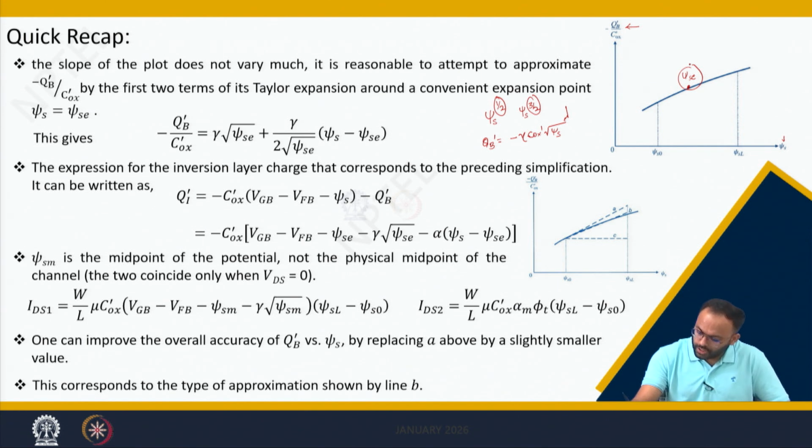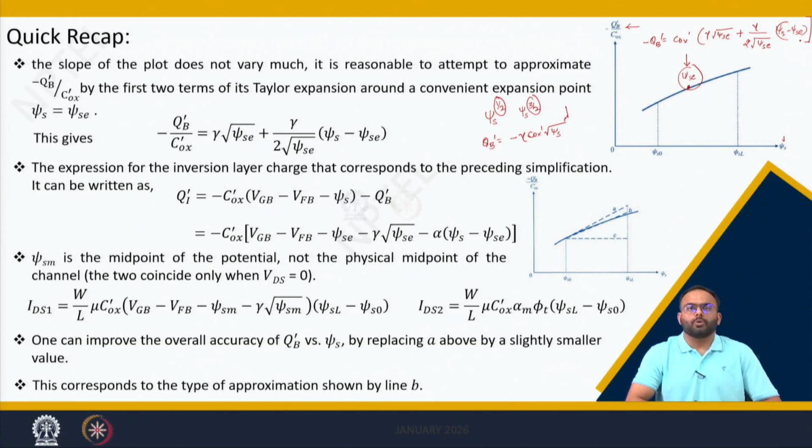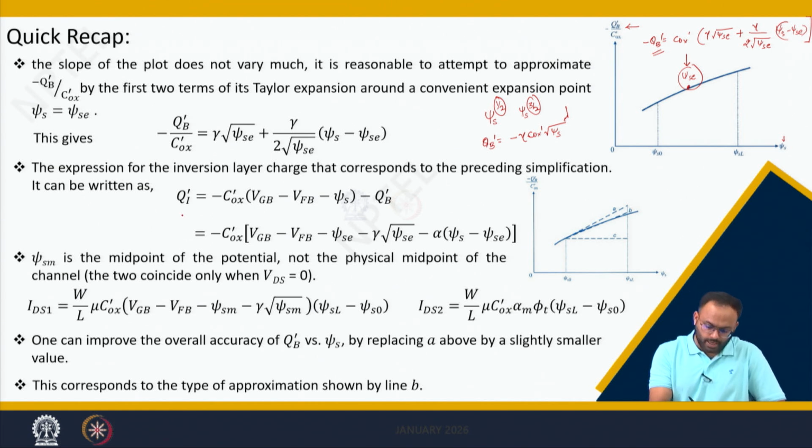When you go for linearization, this minus qb dash can be rewritten as Cox dash into gamma times square root of psi se plus gamma by 2 times square root of psi se into psi s minus psi se. In this sense, you ignored the non-linearity term. By putting this linearized qb dash term into qi dash, you have removed the non-linearity of surface potential on qi dash. So ultimately the qi dash equation came like this.